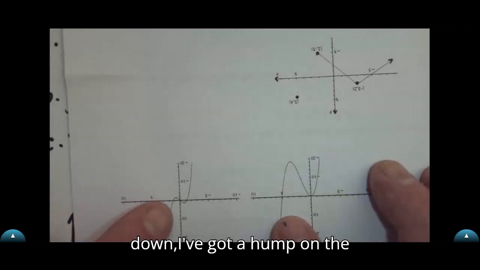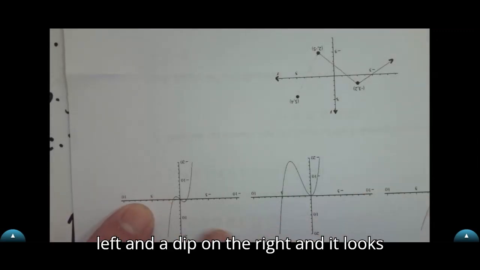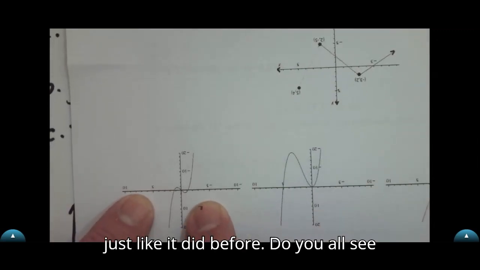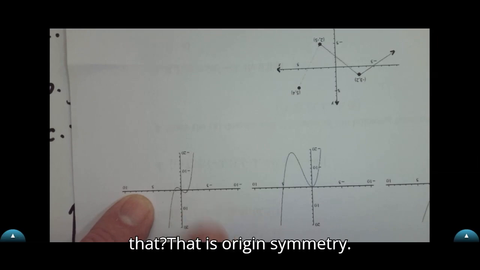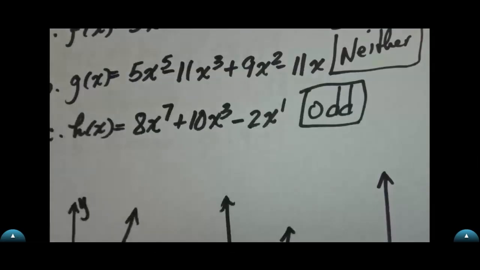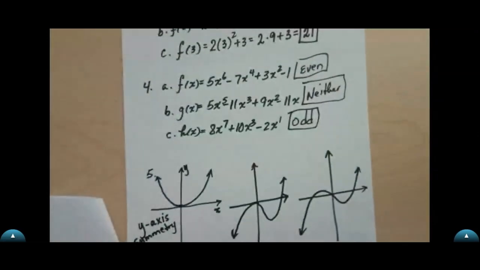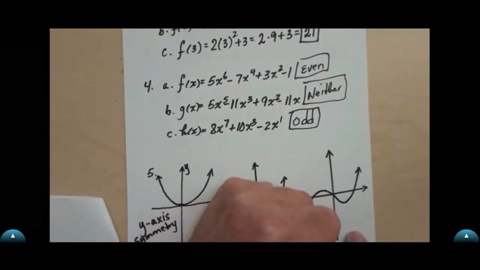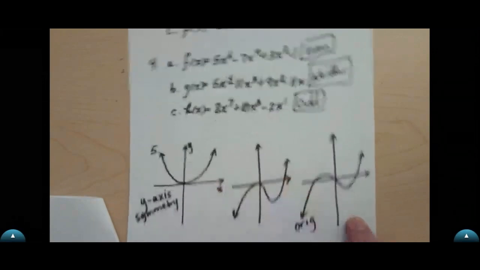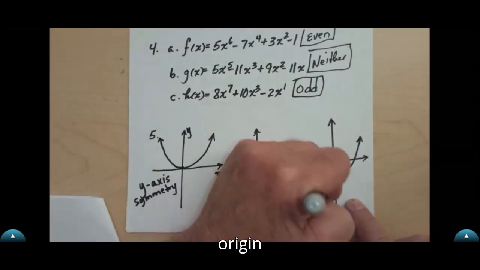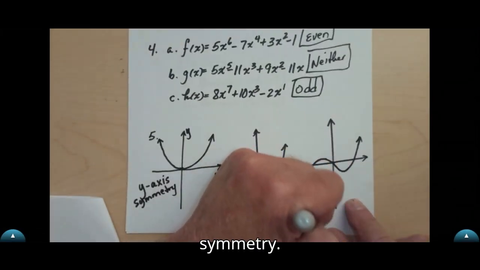And if I turn it upside down, I've got a hump on the left and a dip on the right, and it looks just like it did before. Do y'all see that? That is origin symmetry. So let me zoom back out. So we've got origin symmetry.